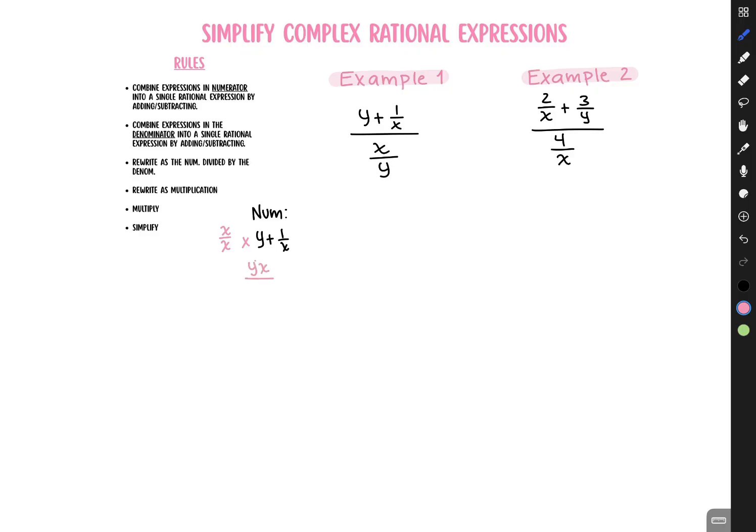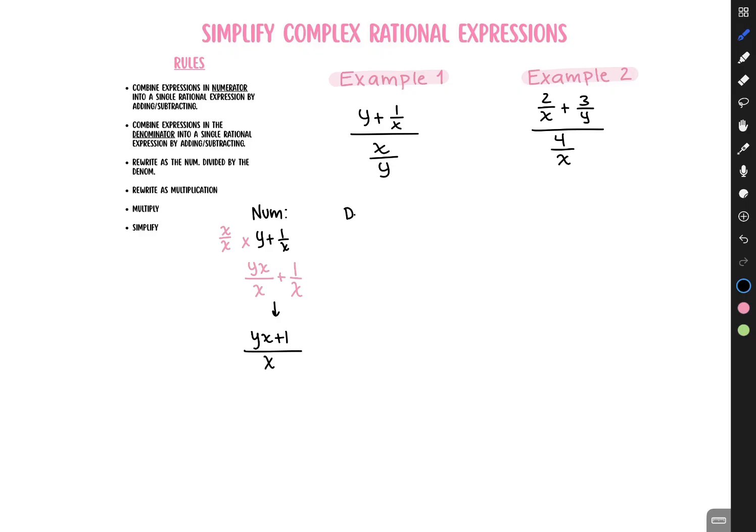And then 1 times x is going to become x. And then we bring down the 1 over x. Now we can combine it into a single rational expression because they have the same denominator. So combined, this is going to be yx plus 1 over x. So perfect, we have our numerator ready.